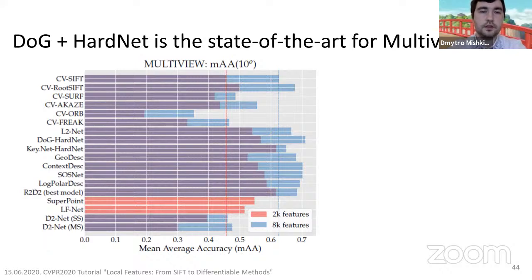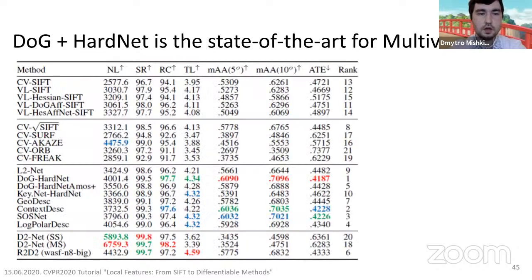It's worth mentioning that the difference between methods is a bit smaller here, probably because once you have multiple observations, it's much easier to get the camera pose right than with just two images. So HardNet is the best. ContextDesc, which is HardNet plus some variant of incorporating keypoint features, is second.